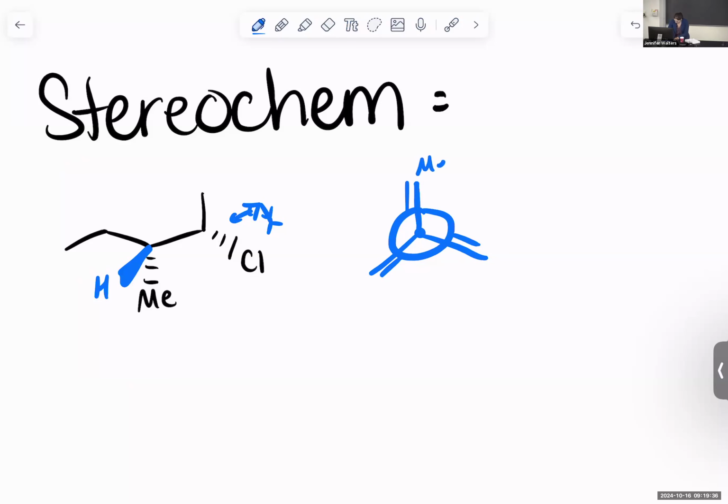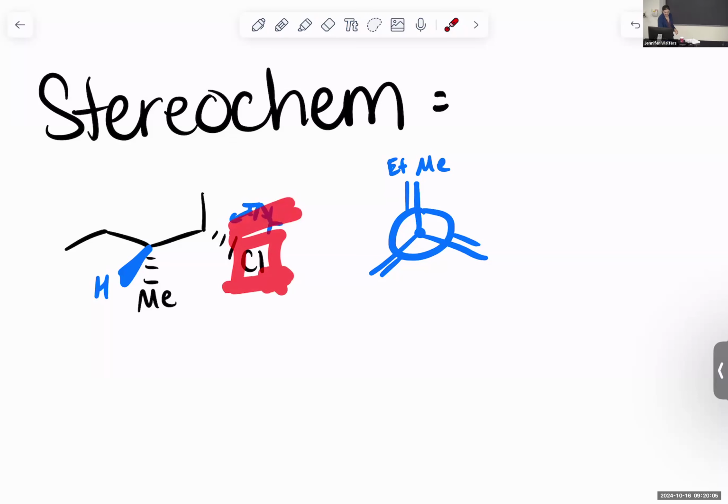That means that my methyl is up there, my ethyl is there. For the chlorine, is that going to be on the left or the right? Should be the right.